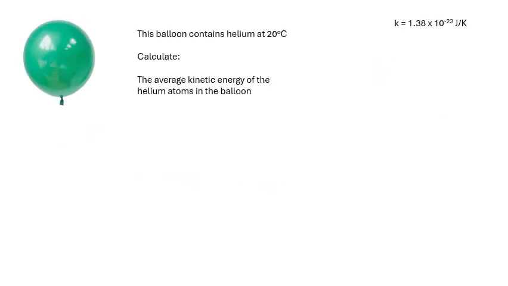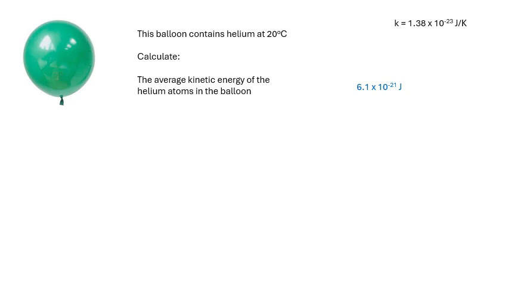Here's a couple of questions that you should be able to do. The first one should be very straightforward. Do it yourself, work it out, and the answer is that, and it's just 3/2 kT. Make sure that T is in Kelvin, so it's 293 Kelvin.